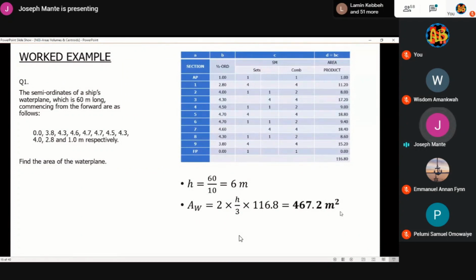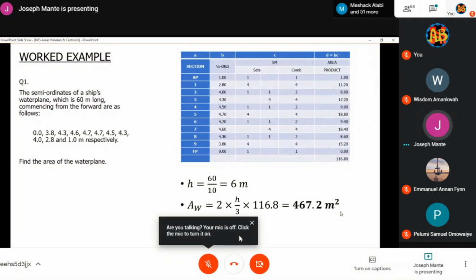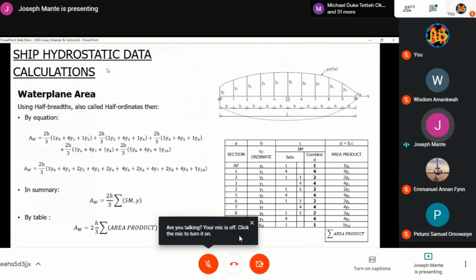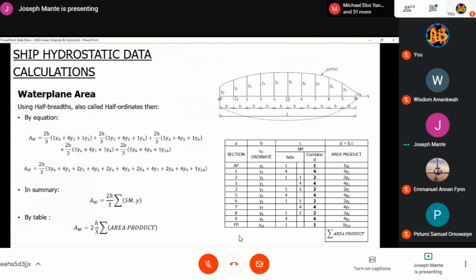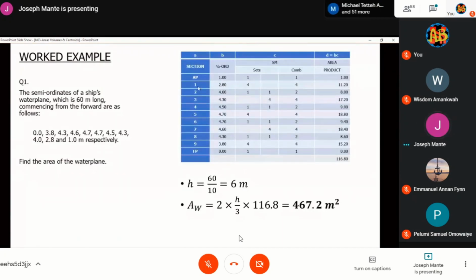The semi-coordinate of a ship's water plane, which is 90 meters long, commencing from the forward, is as follows.